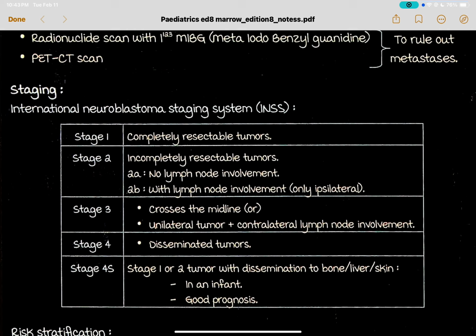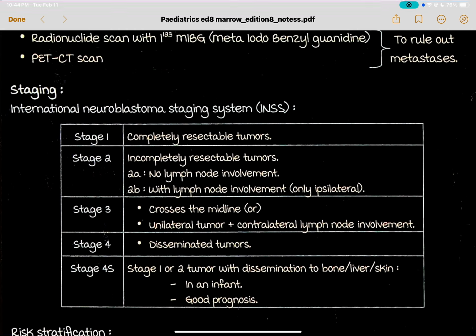Stage 3: the tumor crosses the midline, or the tumor is unilateral but the contralateral lymph nodes are involved. Stage 4 is disseminated, spread tumors.